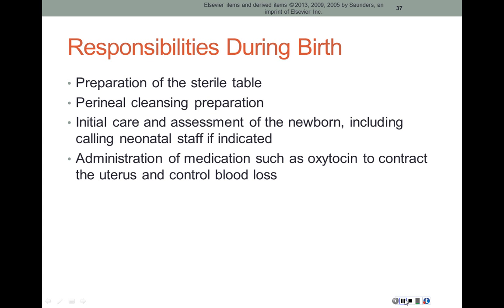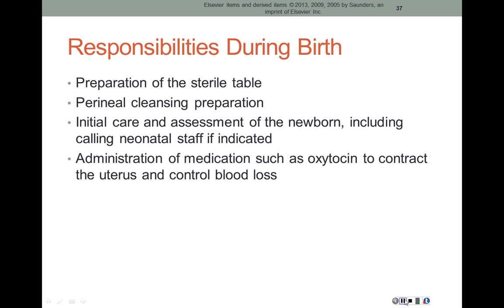She may be prepping areas for a sterile table, especially if they think that there might have to be an episiotomy, because that is a sterile procedure. So if we had to put some type of monitoring device in utero on baby, such as on baby's scalp, that's a sterile procedure. We would also be responsible for cleansing the perineal area and getting it ready for birth.